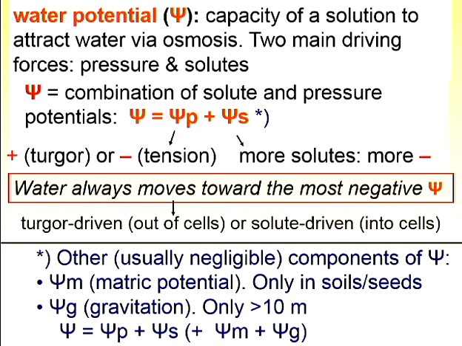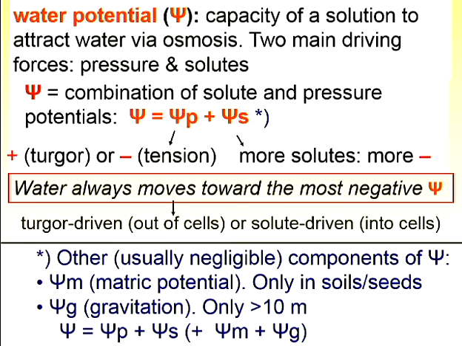But if you're dealing with seeds, or if you're very interested in soil properties and plant-soil interactions, matrix potential can be a factor. Another component that usually is a factor only in trees is the gravitational potential, or psi g.